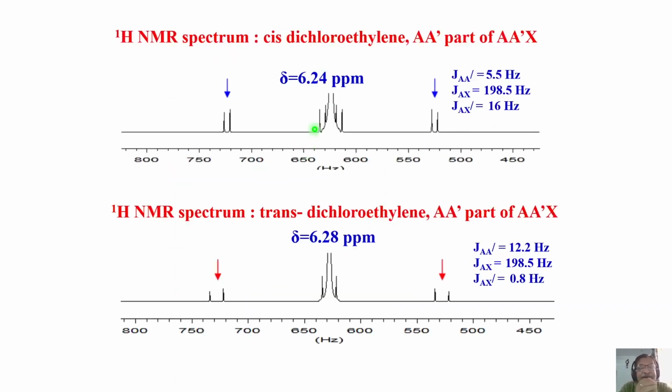This is the classic example I wanted to tell you. When you have an equivalent spin system, how do you measure the coupling? This was the question I asked you some time back. For example, I took ethylene. I said all the 4 protons are identical. You get a single peak. But still, we know there are 3 different couplings in the ethylene molecule.